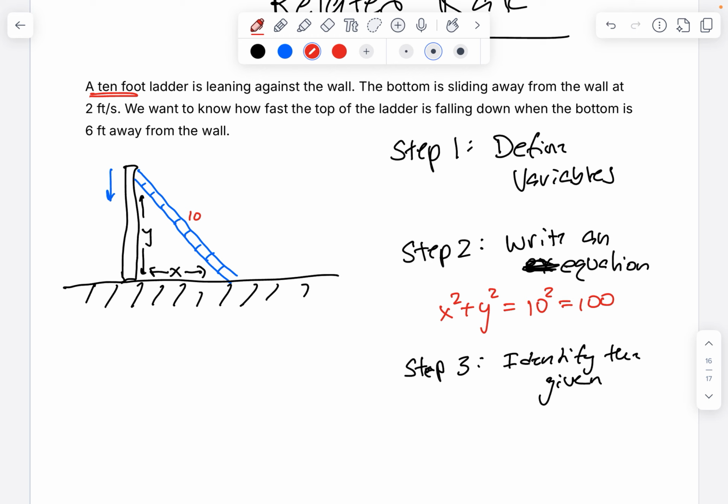We are told that the bottom is sliding away from the wall at 2 feet per second. So we know that this right here is going 2 feet per second. And this is a velocity.